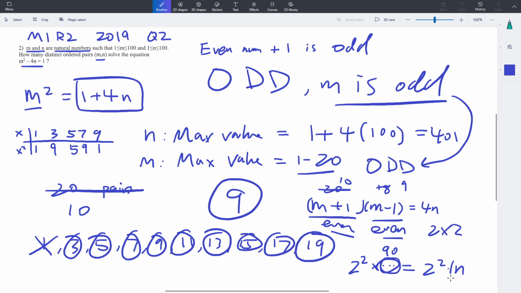So n must be covering that range, because the maximum value is 90. So n kind of covers that perfectly.